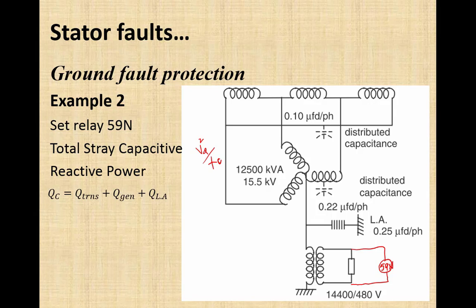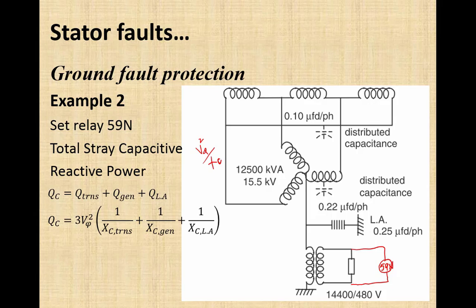So that will give us per phase reactive power dissipation in a stray capacitance. If we convert into three phase, multiply by 3. So let's substitute the values in this equation. So this will become 3 into V phase squared into 1 over XC transformer plus 1 over capacitive reactance of generator plus 1 over capacitive reactance of lightning arrestor. I have added all three of them together. So 3 V phase squared was common among all three factors, that's why I have taken it common.